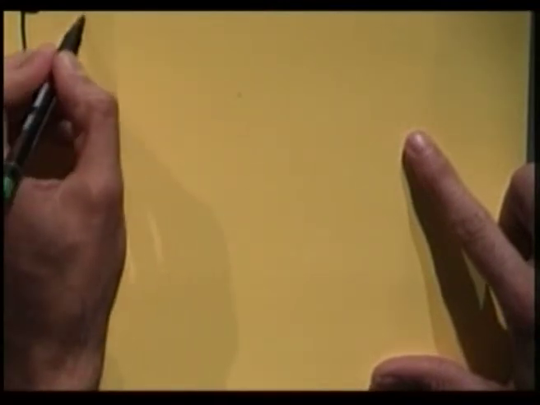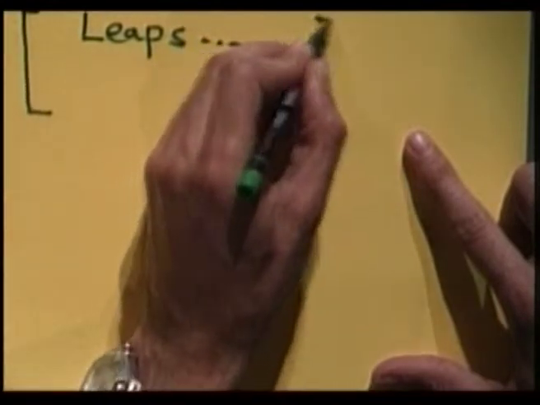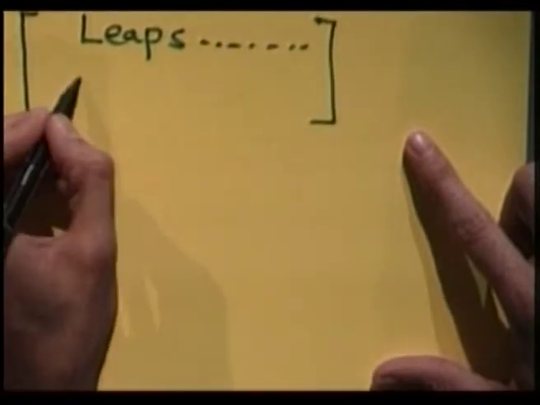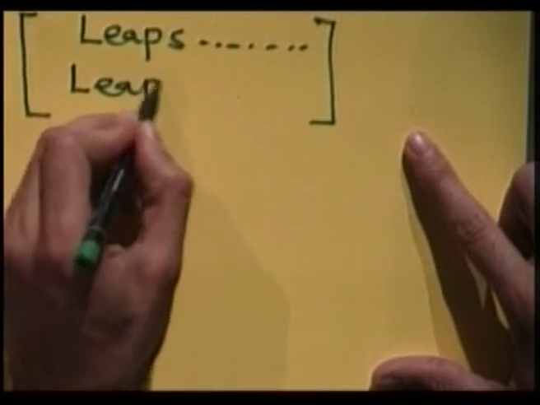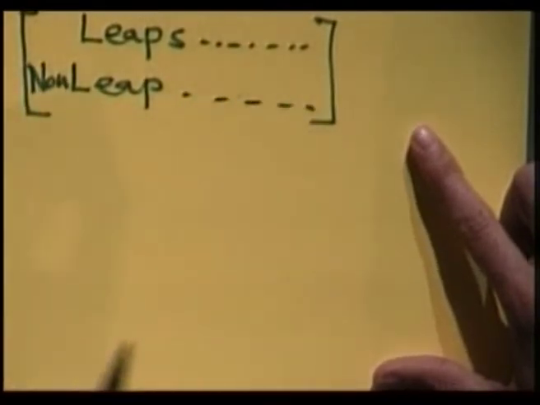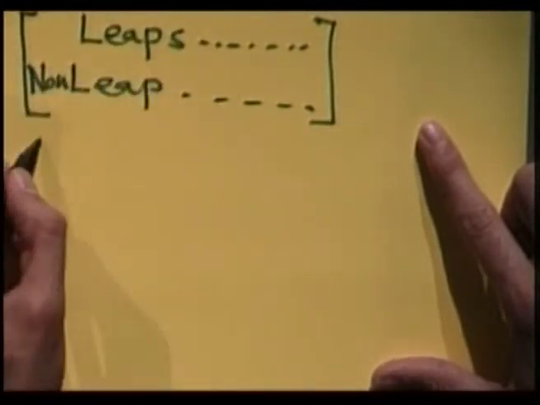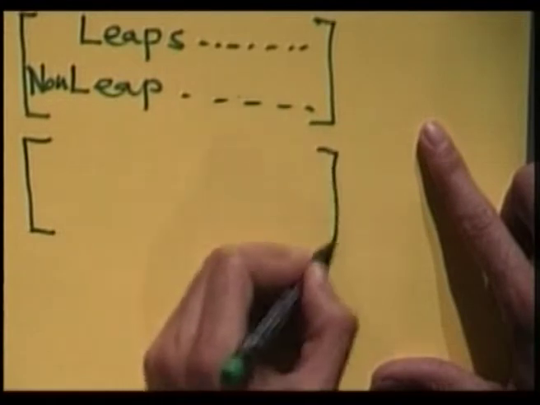What's important for us is that I have 2 types of years. And for that, I need to define a 2-dimensional array where I'm going to put the number of days in each month of a leap year and the number of days in each month of a non-leap year. Basically, these 2 rows are similar except for the month of February, as I said.